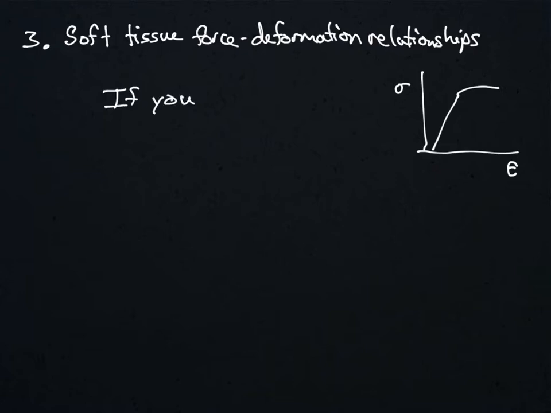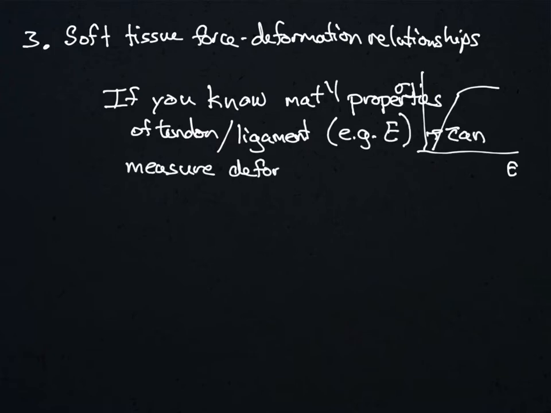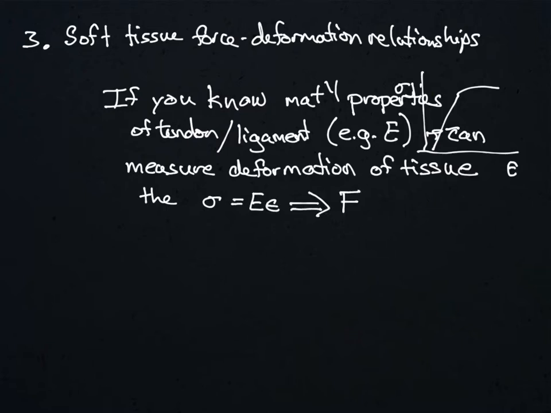Well, if you know this relationship, if you know the material properties of the tendon or the ligament, for example, the Young's modulus, and you can measure the deformation of the tissue, then you can use the stress-strain relationship, Hooke's law, over here on the graph, to estimate force. Since you know the relationship between stress and cross-sectional area and force, you can use the physiological cross-sectional area, the PCSA, again, to measure that.